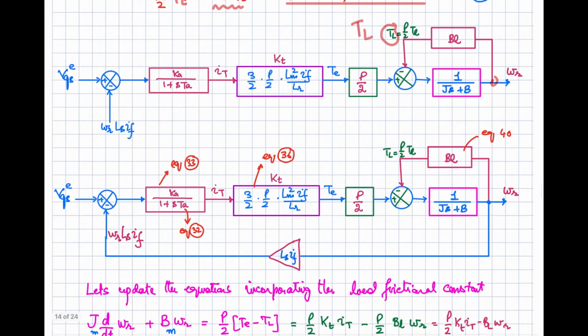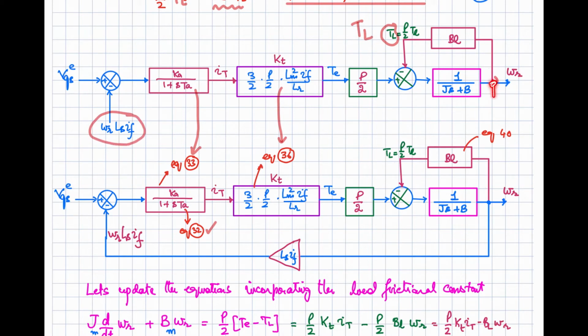Okay, now we have developed this control diagram. We have defined this over here in the equation 36, and we have seen what is Ka and Ta, which we developed in the equation 33, and then we defined this K and Ta in the equation 32 previously, and so on. We have derived all of these things. Now this part over here that you can see is equal to omega r into Ls into If.